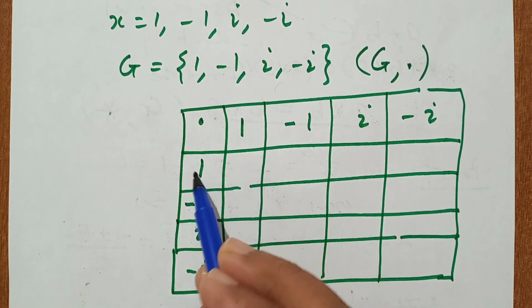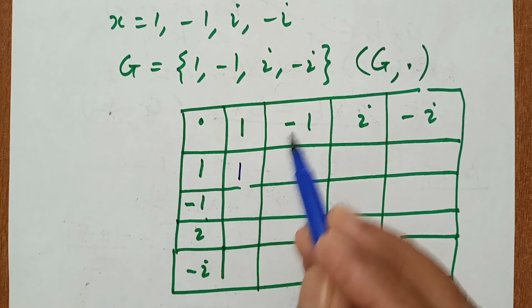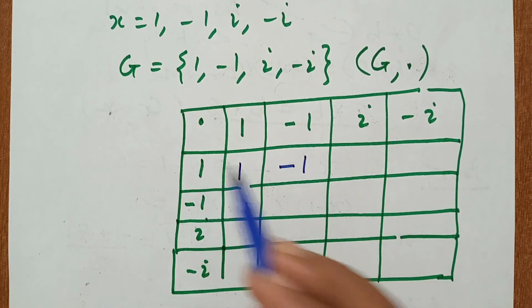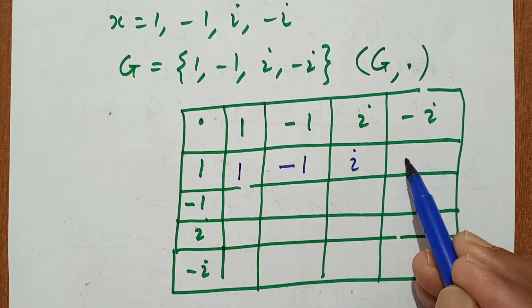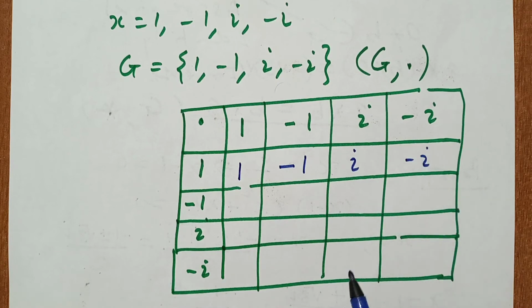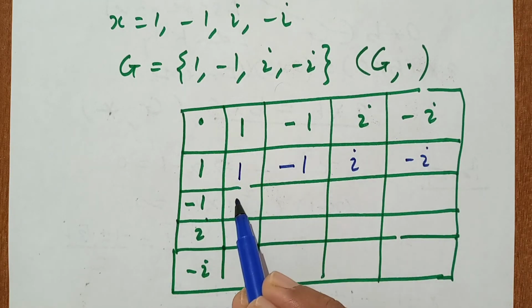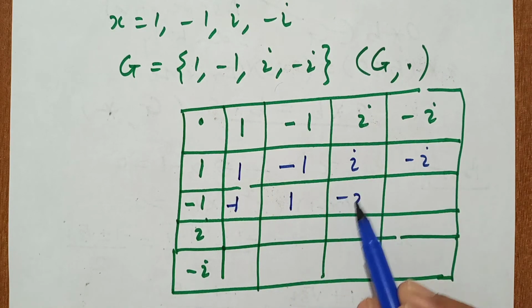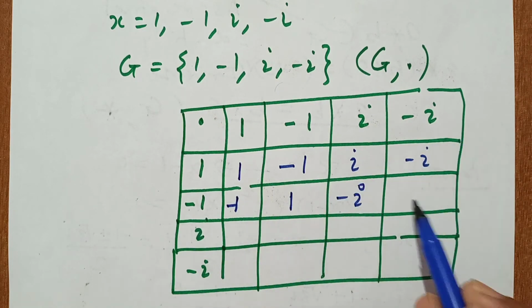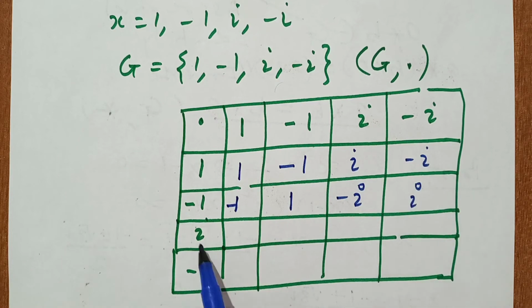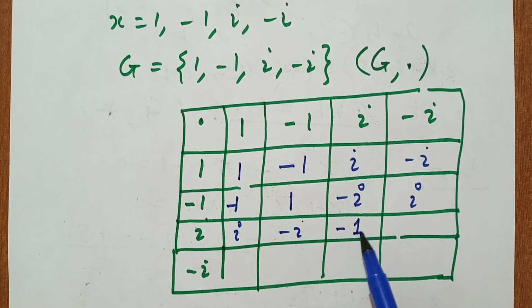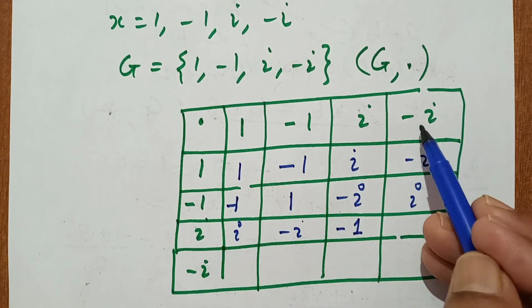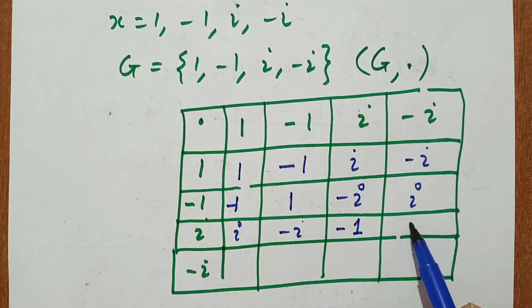Okay, so this is 1.1, 1 minus 1 minus 1, 1 dot i, and this is minus i. Minus 1 into 1 minus 1, plus 1 minus i, and this is plus i. This is i, this is minus i dot i, i squared is equal to minus 1, minus i squared, so plus 1.